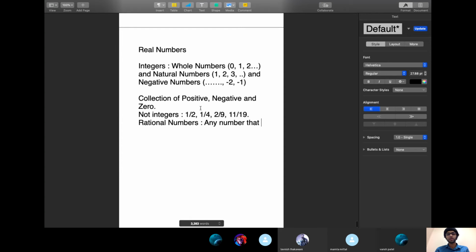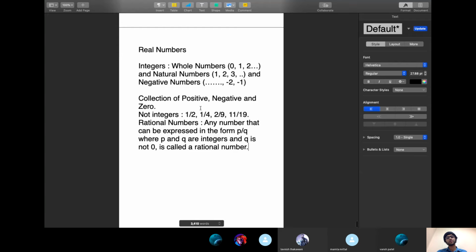Any number that can be expressed in the form P by Q, where P and Q are integers and Q is not 0, is called a rational number.